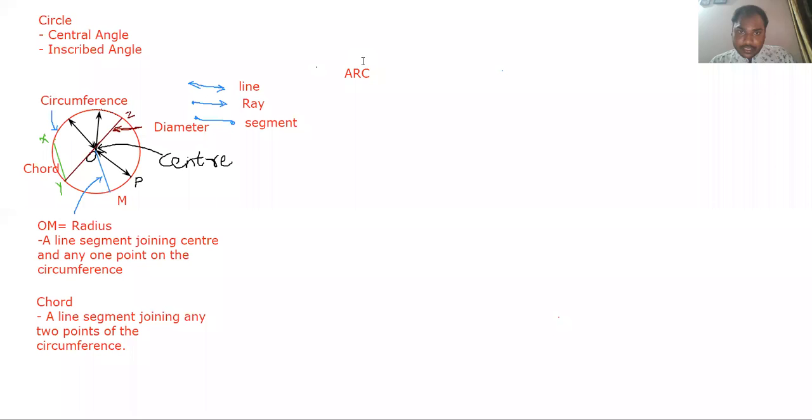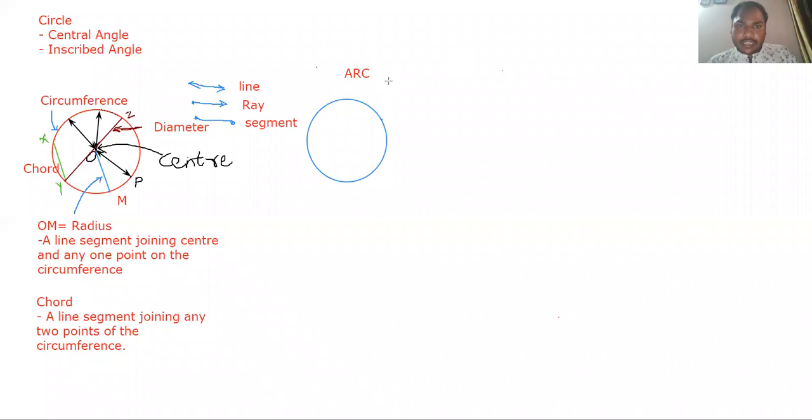First, I am going to construct a circle now, and then I will explain everything related to the arc. On your screen, you can see a circle. If we talk about the arc, try to understand.